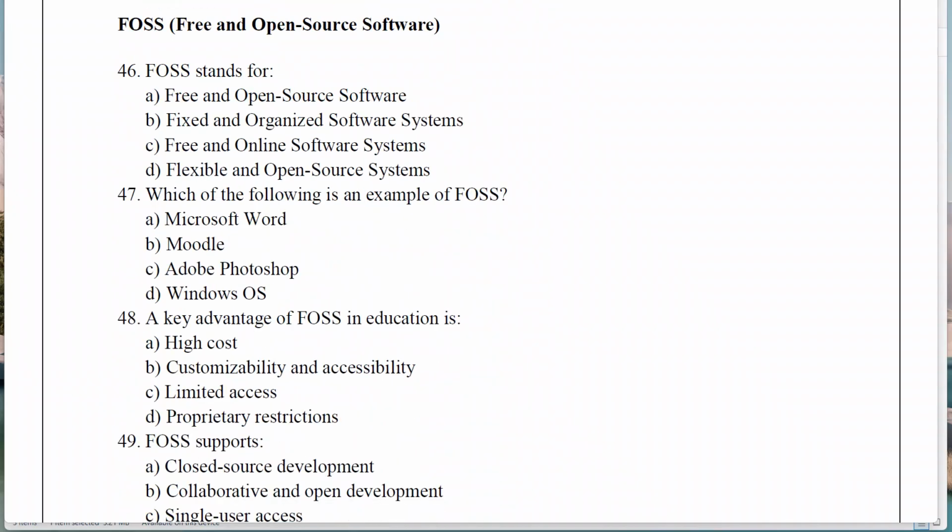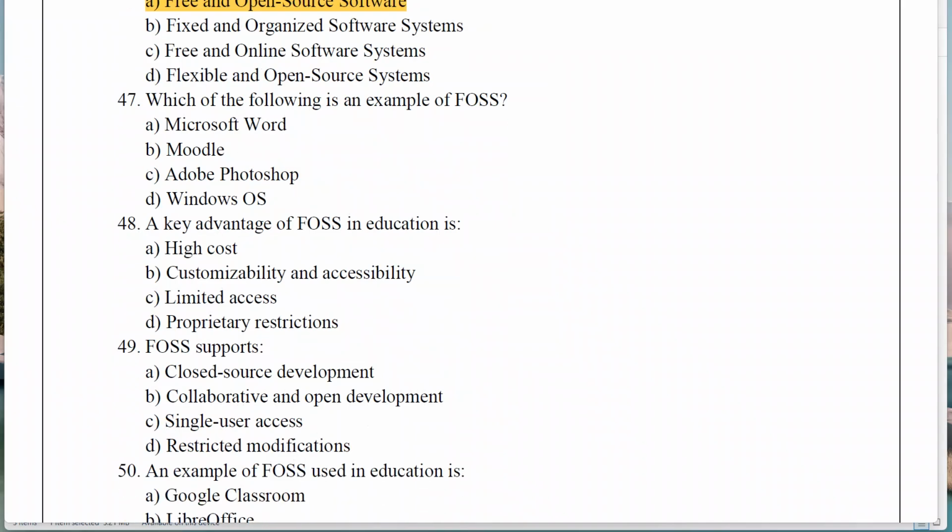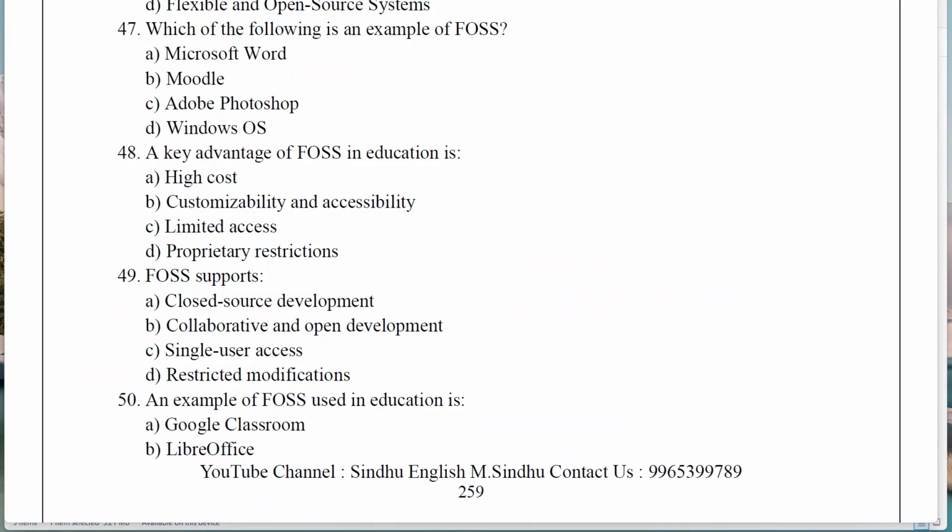FOSS stands for free and open source software. Which of the following is an example of FOSS? Moodle.